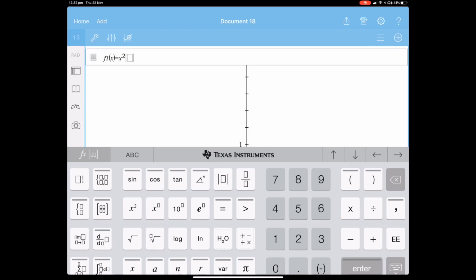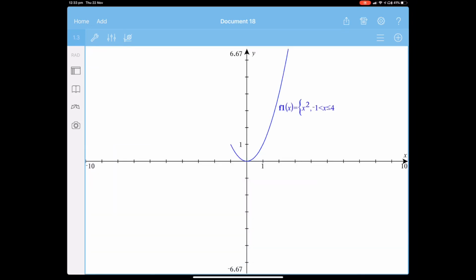Nope. So we basically want that symbol, given. Okay, given. And then we say -1 is less than x, which is less than or equal to 4. Hit enter. There's our sketch.